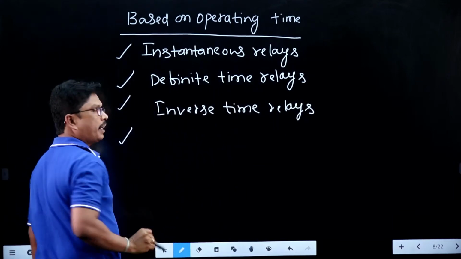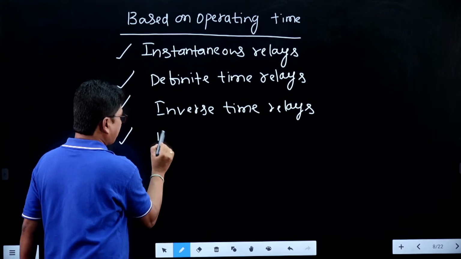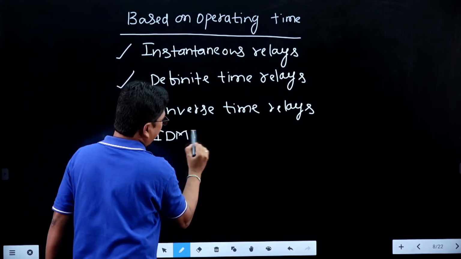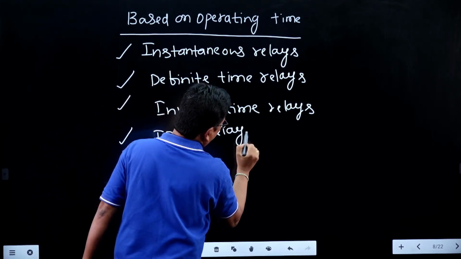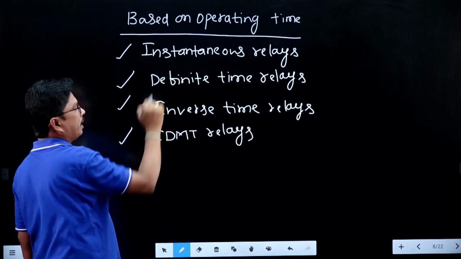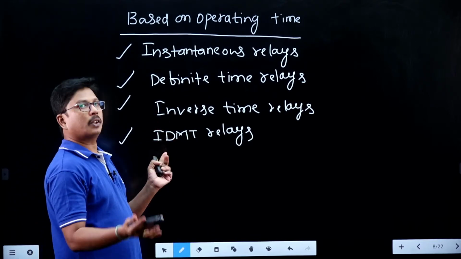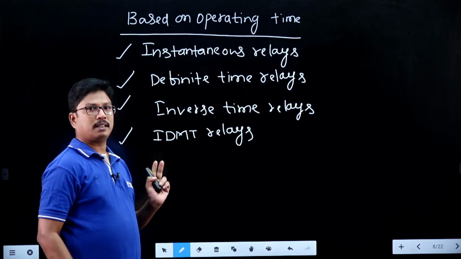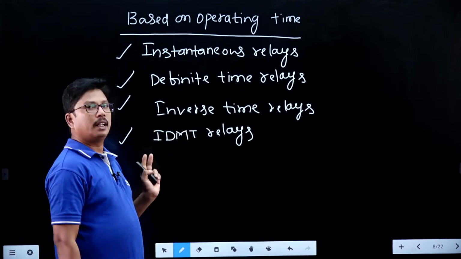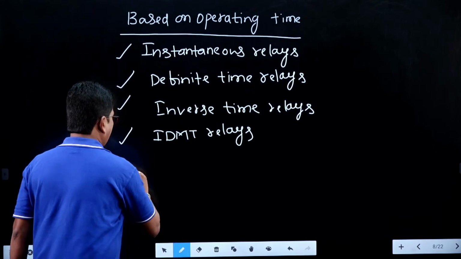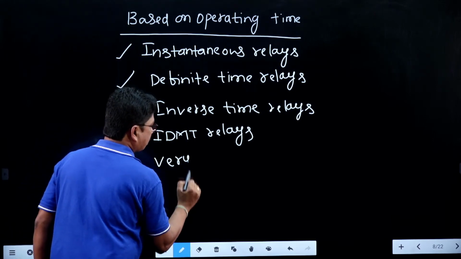Next, inverse definite minimum time relays, IDMT relays. It is the combination of inverse type and definite time relays. So up to some portion before the saturation we are having inverse time characteristics, after the saturation we are having the definite time characteristics.